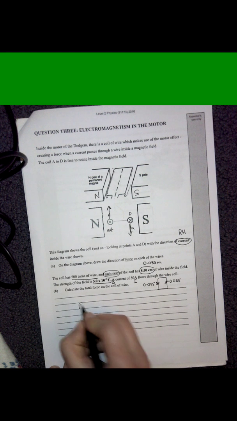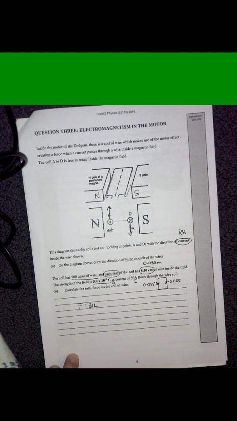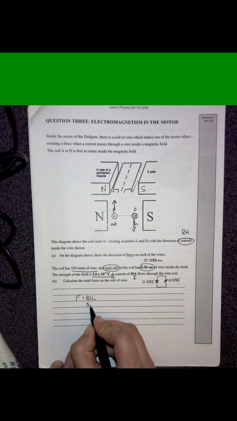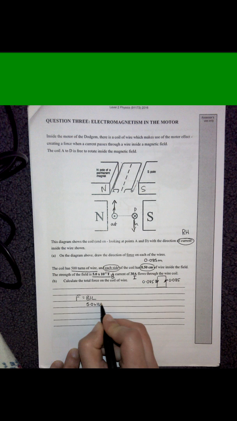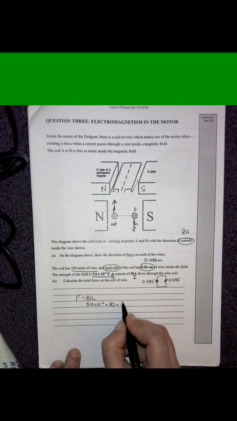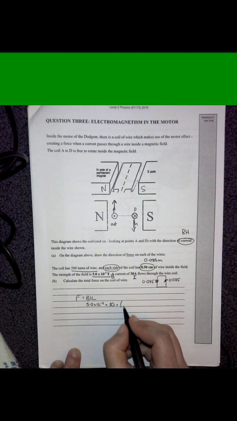So it asks us then to calculate the total force in the coil of wire. Hopefully on our formula page we can find F equals BIL. We've been given B, that's our 5 times 10 to the negative 2, given the current, which is 30. And then we've got to think about how much length of wire we've actually got in here.